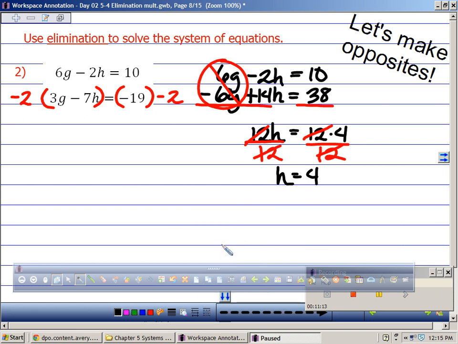Substitute. Elton, which equation would you like to substitute back into? Okay. This one?